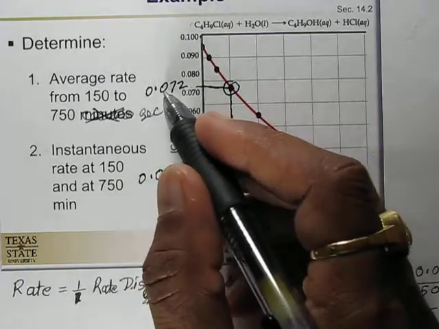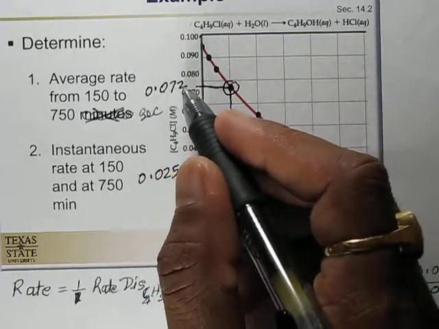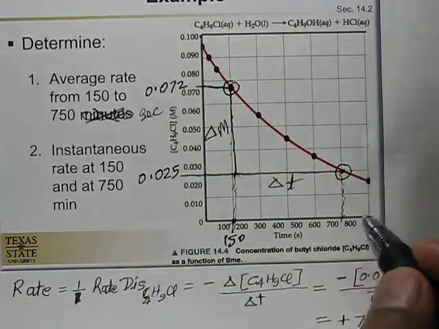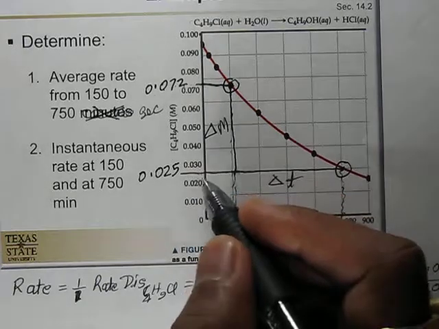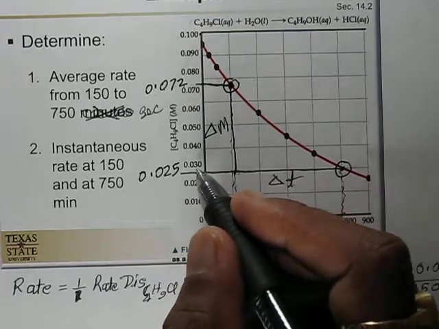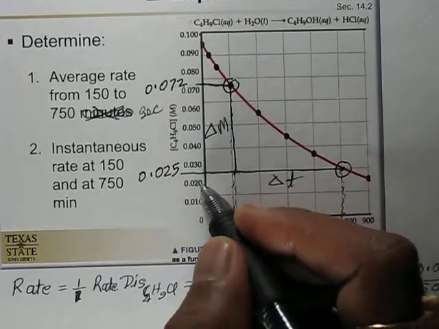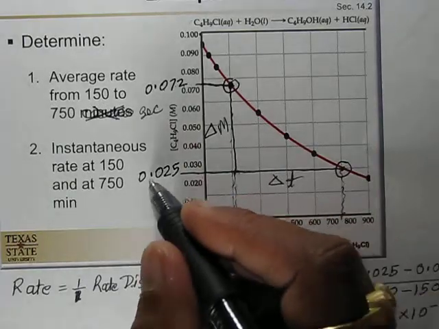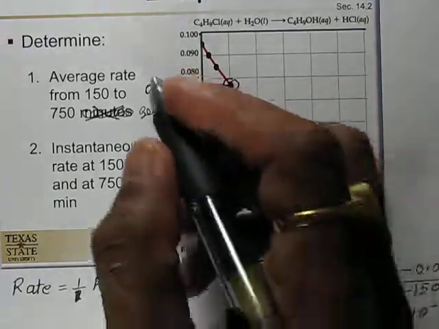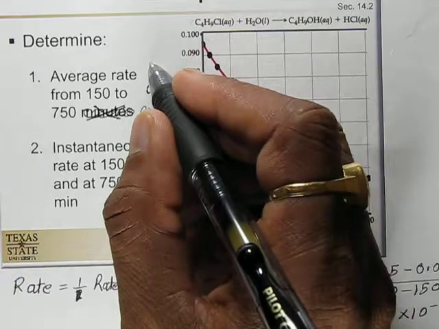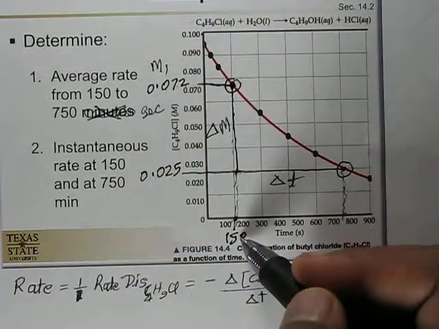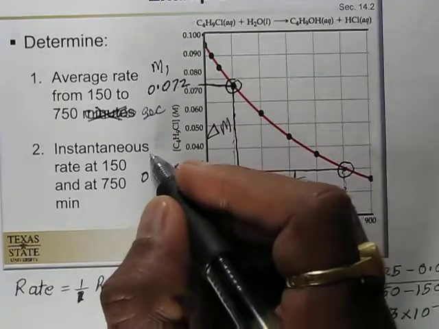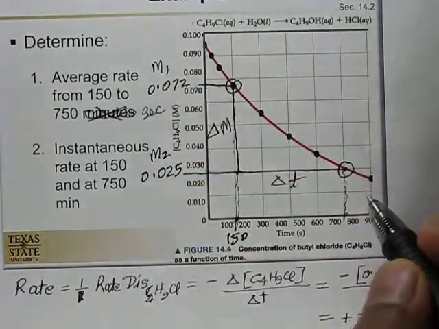So I just write 0.072 molar, and the molarity at 750 seconds is a straight line going between 0.02 and 0.03, so this will be half of this, 0.025. This will be my initial molarity M1, because the initial time is 150 seconds, and this will be my M2, the final molarity.